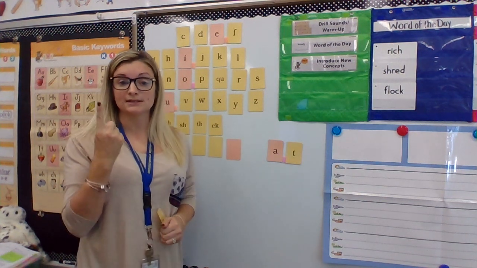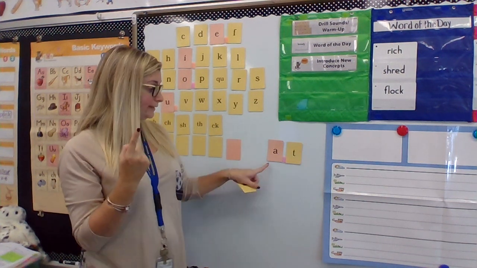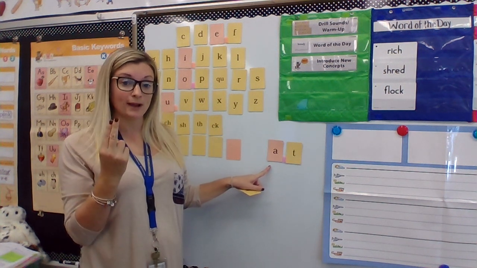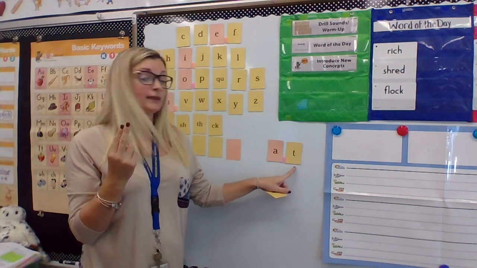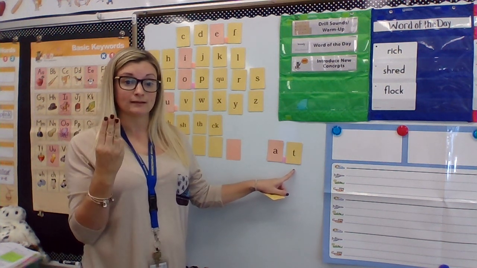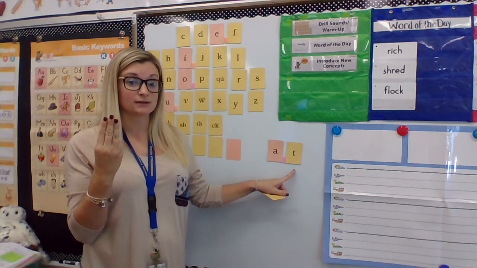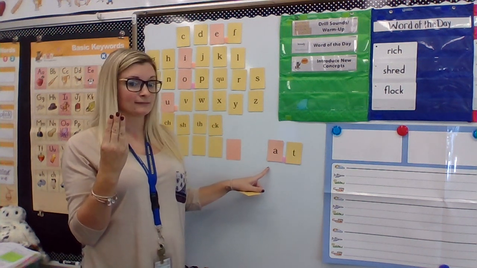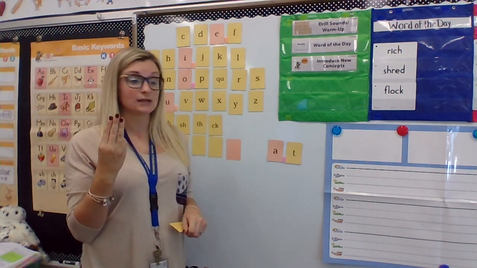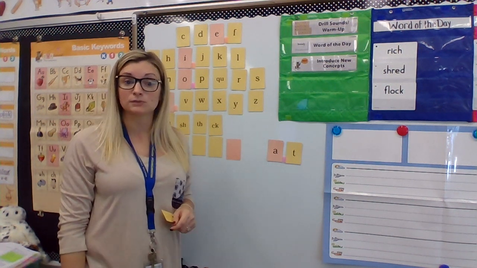One, does it have one vowel? Yep, still has one vowel. Two, is it followed by a consonant? Yep, it's closed in and followed by a T. Three, does the vowel make a short sound? Yep. So that means this word is still a closed syllable.